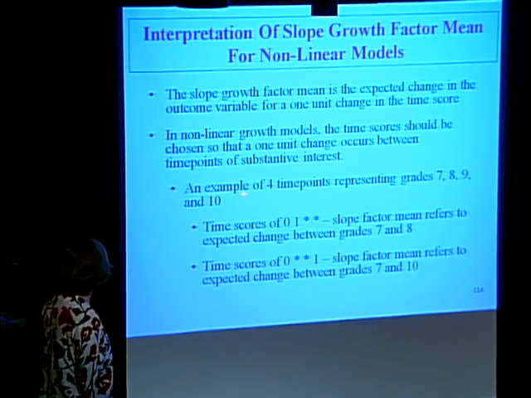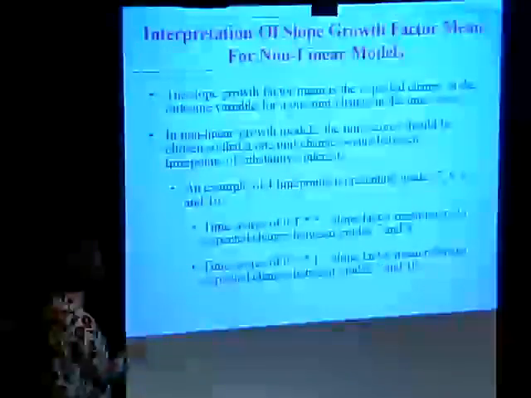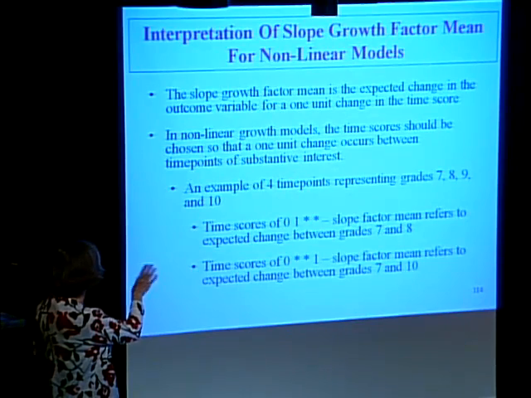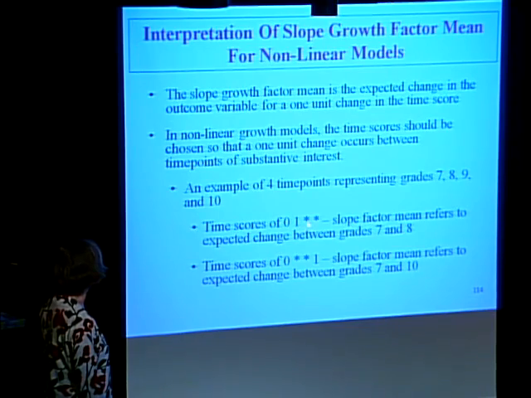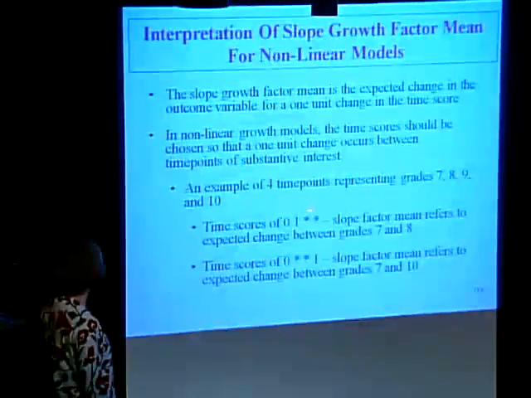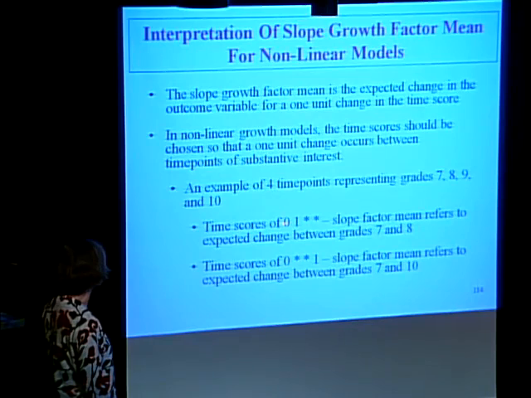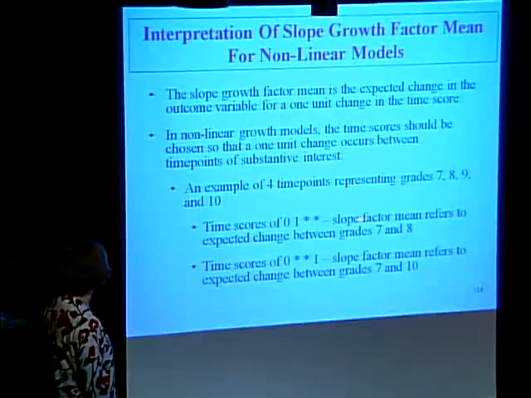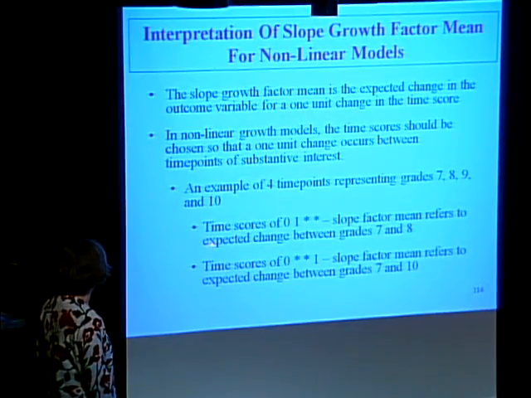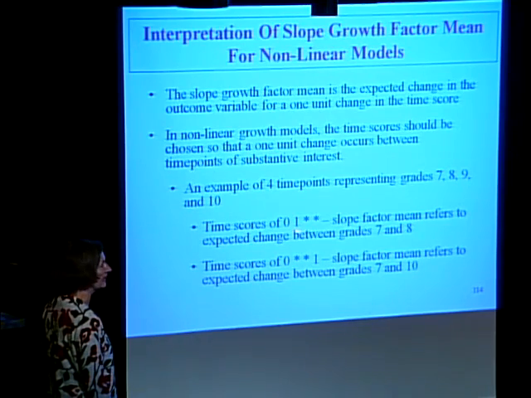So for example, if you have 4 time points representing grades 7, 8, 9, and 10, and we give time scores 0, 1, free, free, then the slope factor mean refers to the expected change between grades 7 and 8.